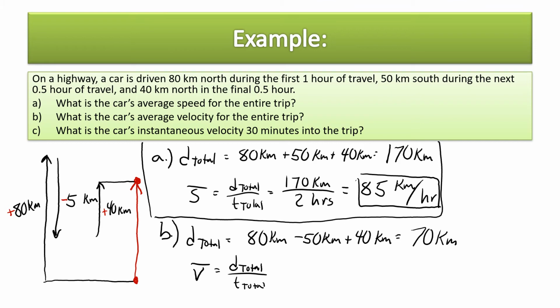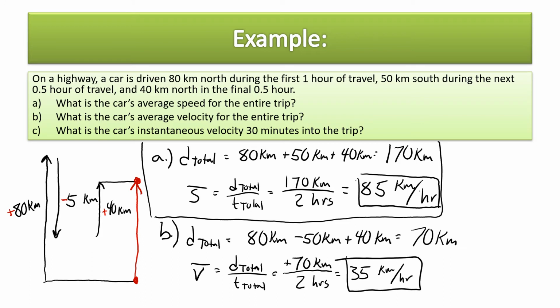It's a little confusing because it looks the same, but remember this was distance and this is displacement. So you use the 70 kilometers, and the fact that it's positive is also telling you the direction, that it's going north, and it still takes you 2 hours to do that. So 70 divided by 2 is 35 kilometers per hour, which is less than your average speed.